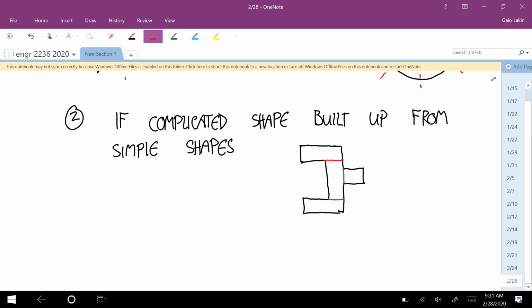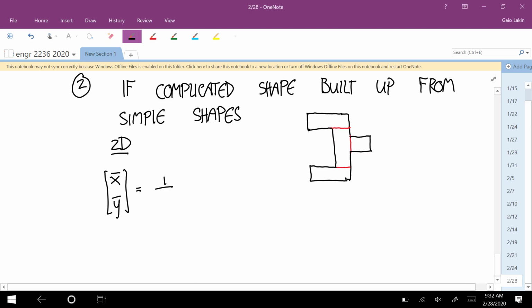And if you know the centroids of those individual shapes, then the centroid of the complicated shape is equal to 1 over the total area, times the sum of the area of the individual shape times the centroid of the individual shape.